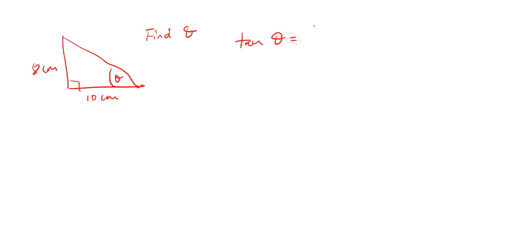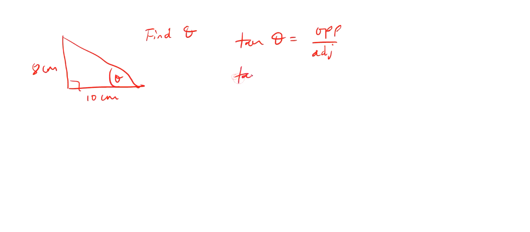Okay. Let's do another one here where we have this is 8 cm, this is 10 cm, and we want to find this angle here. So we want to find theta. So we have opposite and adjacent, so we're going to use tan theta is equal to opposite over adjacent.